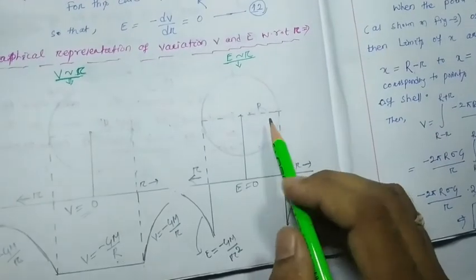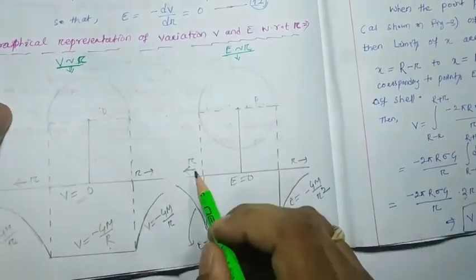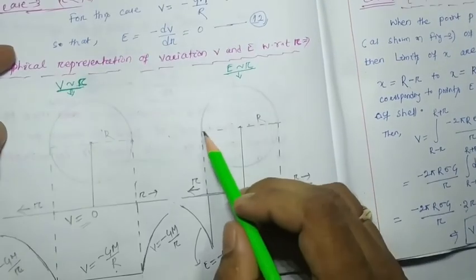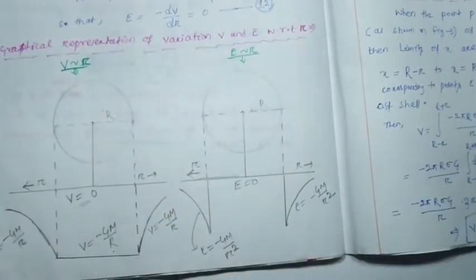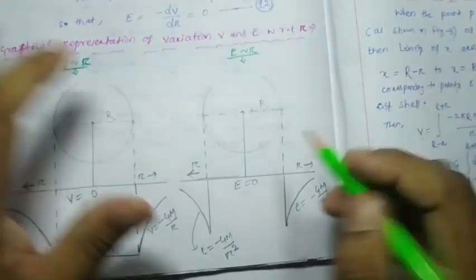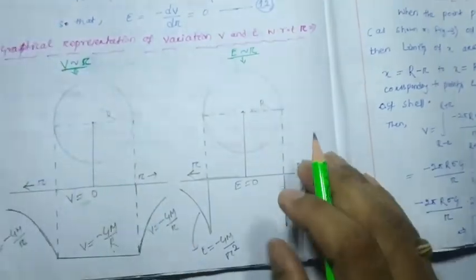Now we are going to draw the figure E versus r. Here this line is the 0 line, E equal to 0. So on the surface and inside the surface of a hollow sphere, there is no gravitational field intensity. That means inside or on the surface, E equal to 0.